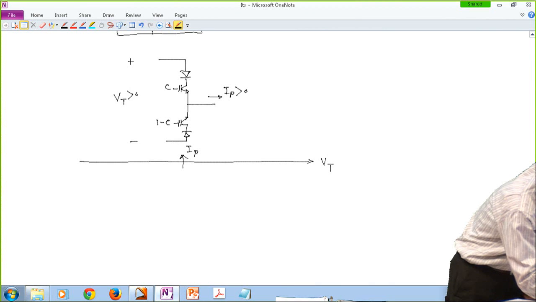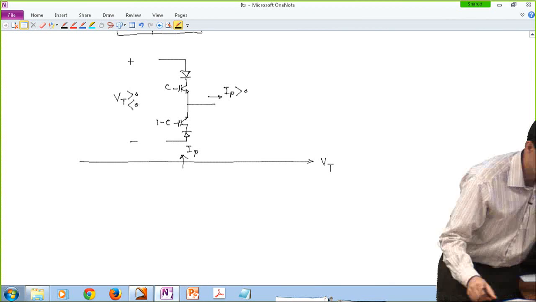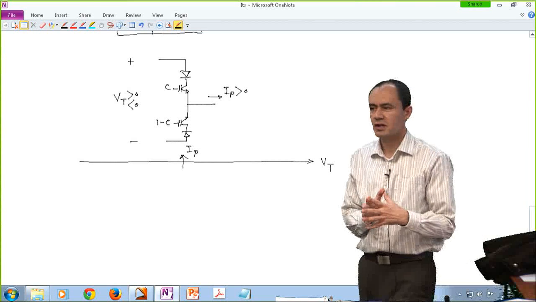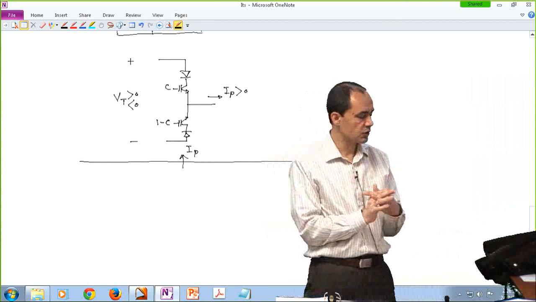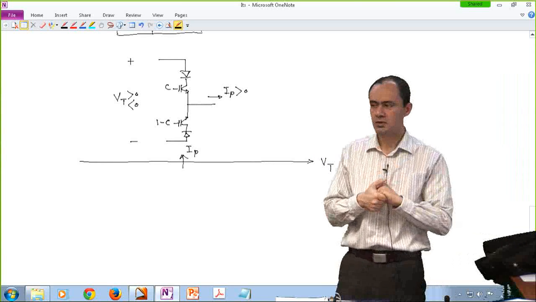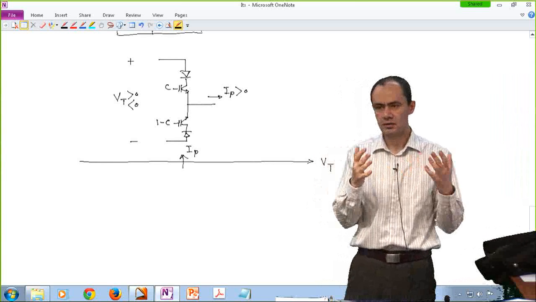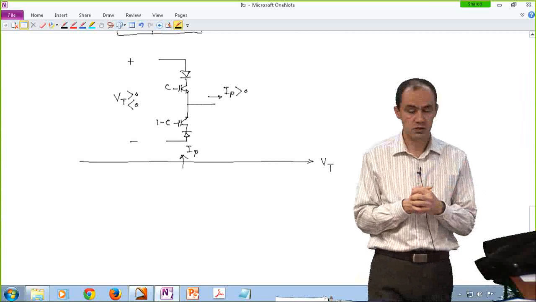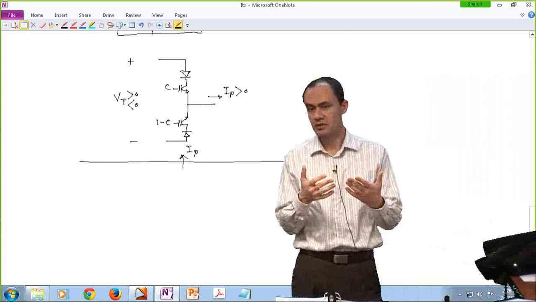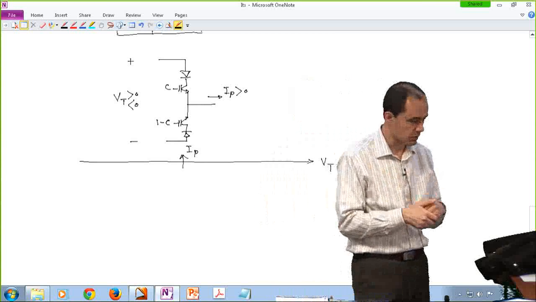In this case, the throw voltage can be positive or negative. So for instance, let's consider a case that the throw voltage is positive. As long as the current is concerned, if you turn the top transistor on, the top throw will be conducting the positive current. And if you turn the bottom transistor on, and obviously we shouldn't turn both of them on.